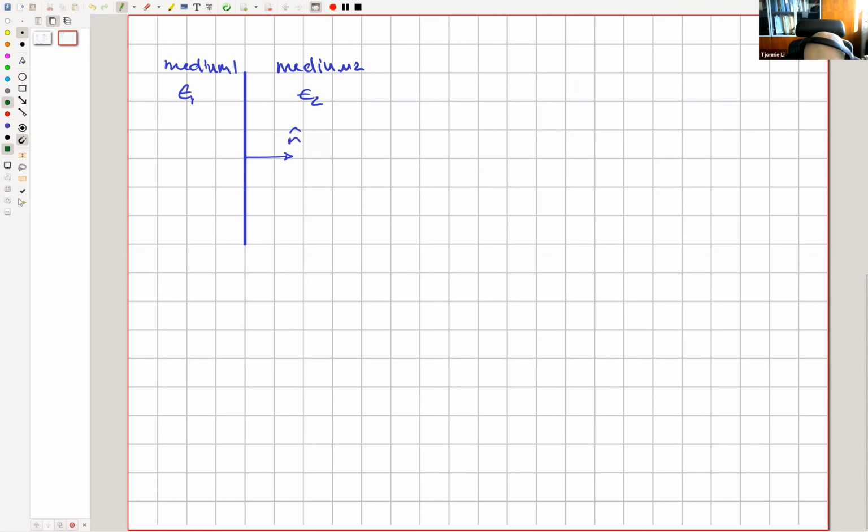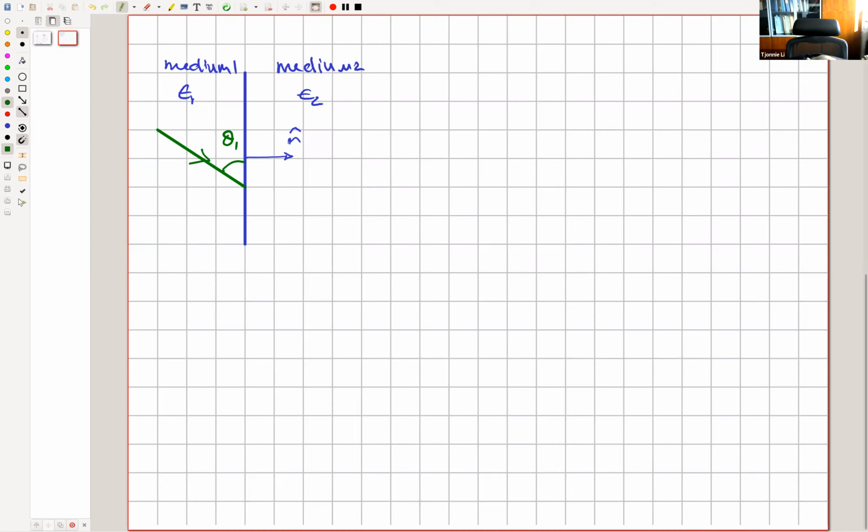And then what I have is a particular field, an electric field pointing in this direction, making some angle with my normal. And so let's call this theta 1. And then what we typically see when some electromagnetic ray crosses a boundary is that the angle shifts.